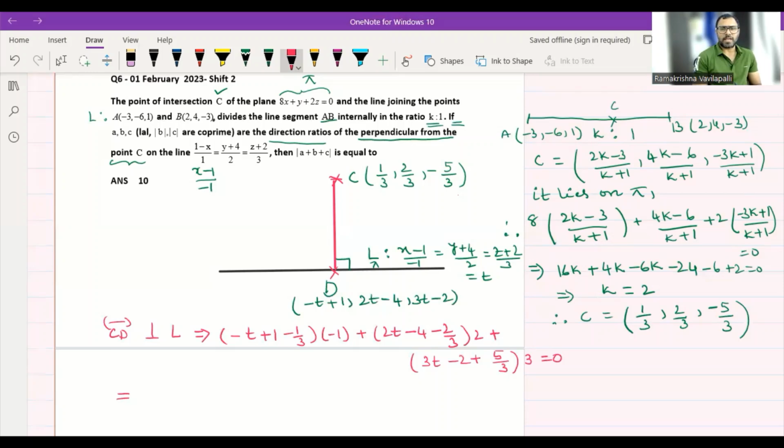We need to calculate the value of t. Here you see this is minus of minus plus t, and this is 4t, 5t, and this is 9 into t. So totally 14t.